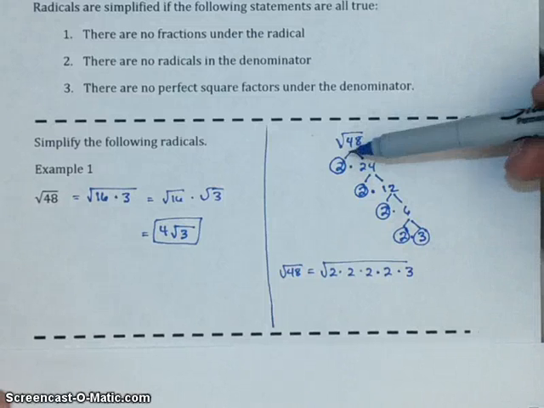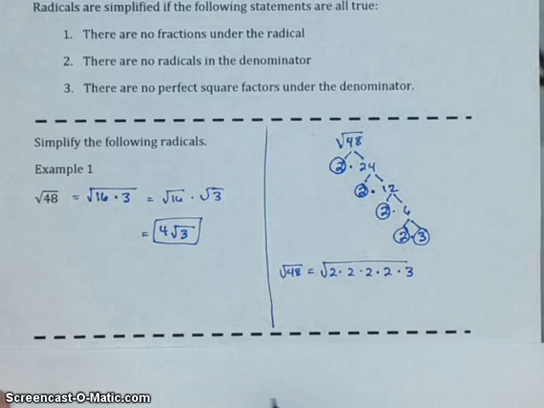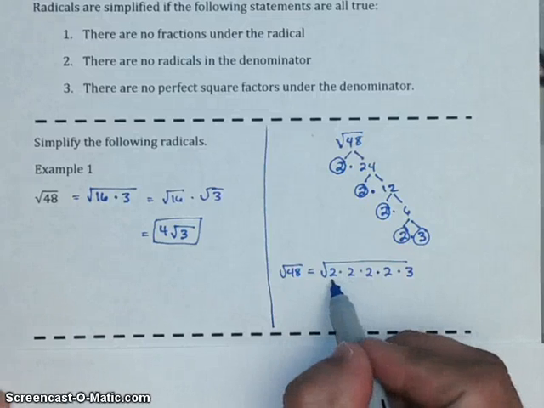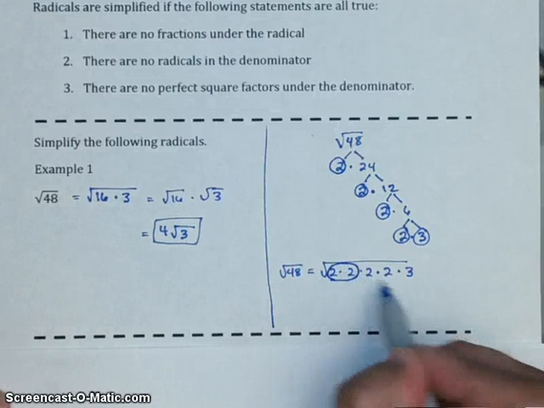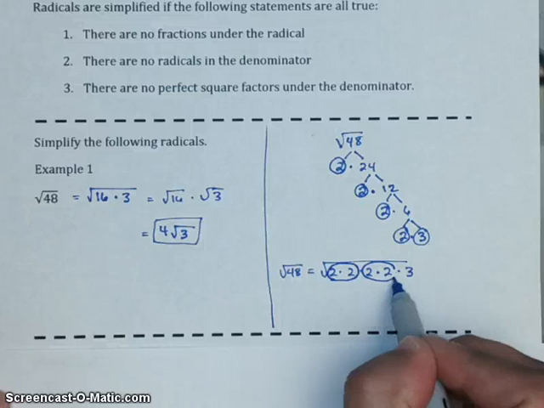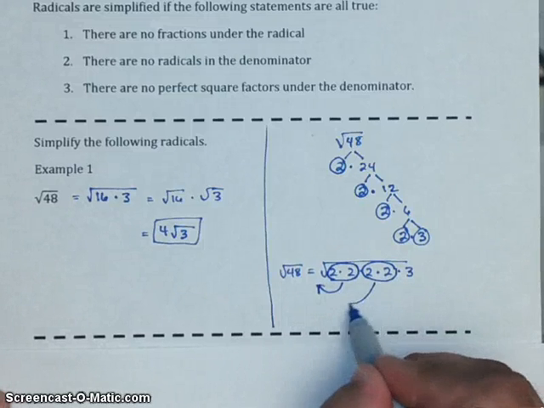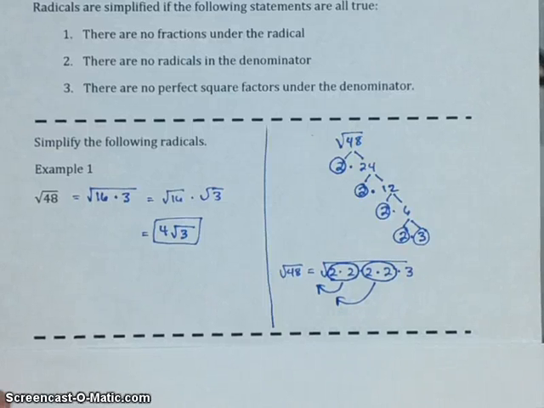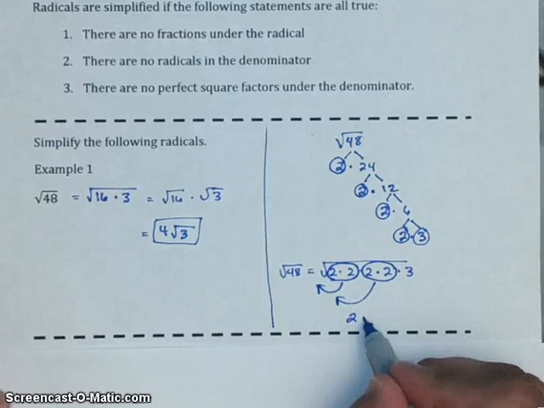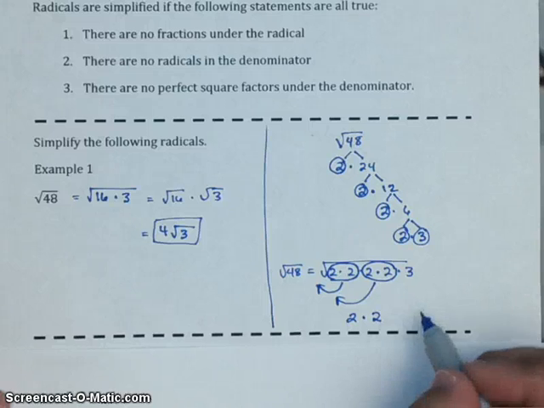In order to come outside of the square root, you have to have pairs. This would be one pair of 2's, and this would be another pair of 2's. That pair would come out, and that pair would come out. So you'd have 2 times 2, and the 3 would stay inside.